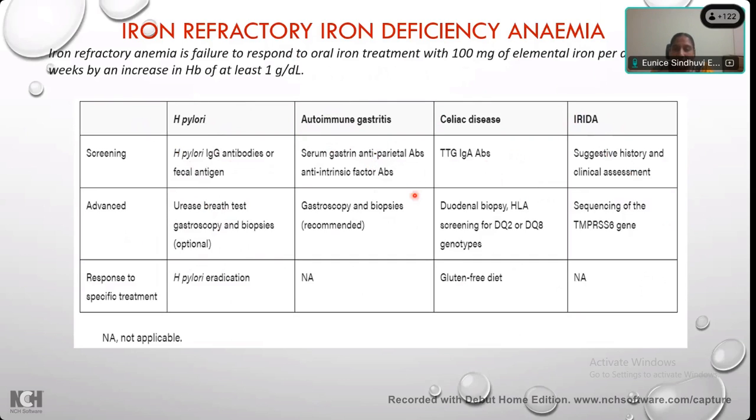If all these are negative and you do not have a reason for iron refractoriness, then we can go for a genetic cause of IRIDA based on history and clinical assessment, where TMPRSS6 can be sequenced to identify the genetic defect.